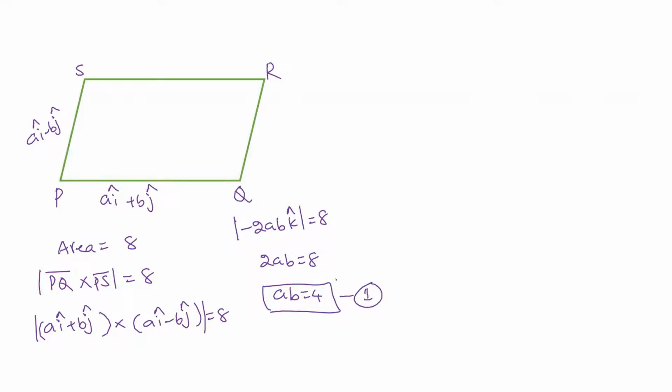Now the second thing that they are saying, U bar is going to be the projection of W bar along PQ bar. So here we need the projection formula. I hope you know how to find out the projection. So projection of Y bar along X bar: this one is your X bar vector and this one is your Y bar vector.